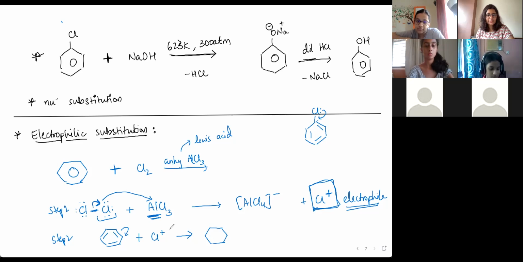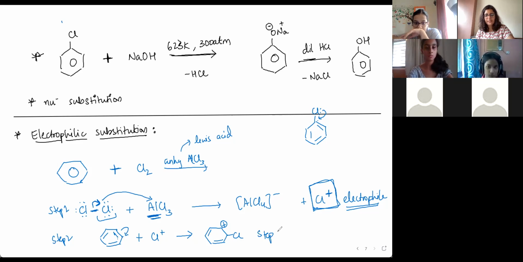Whatever charge is there, it's coming because Cl plus hai. If these electrons migrate over here, negative charge hai, it will get attracted here. Cl idhar aa jayega. Now Cl ka plus has been satisfied by this pair of electrons. But because this carbon has given away electrons, plus charge idhar aayega, and the rest of the resonance will carry on.